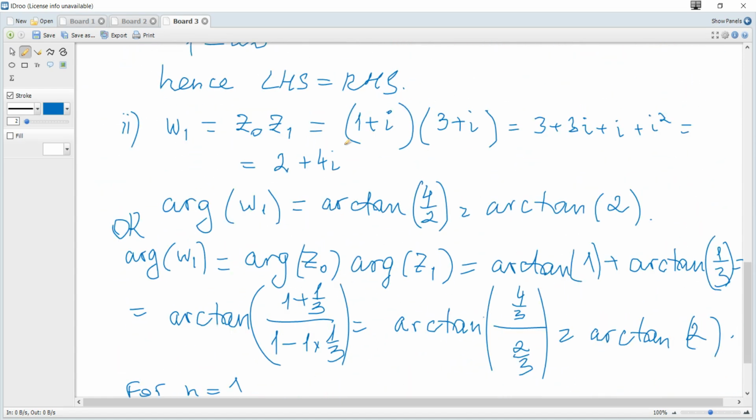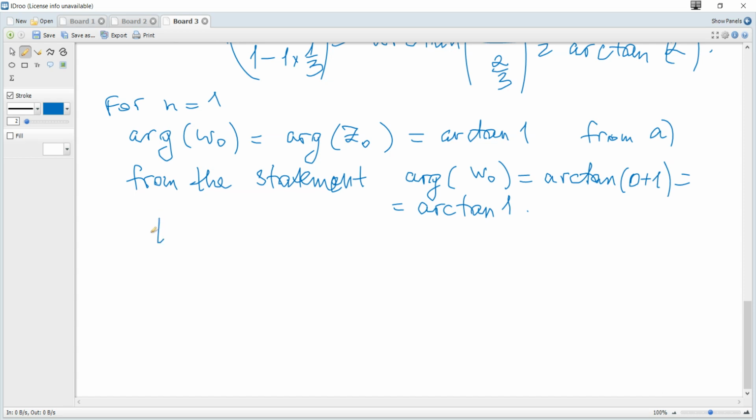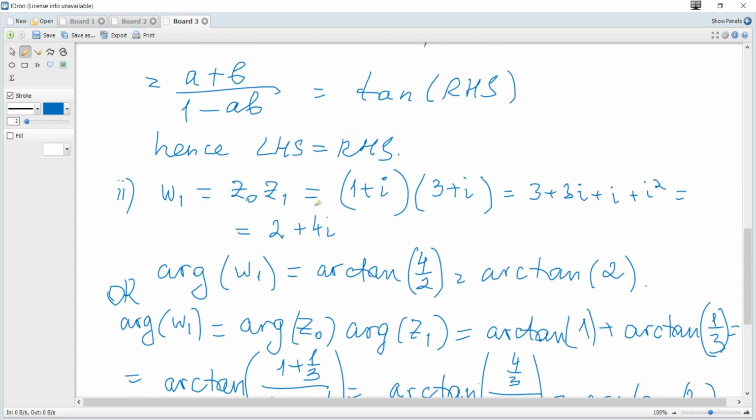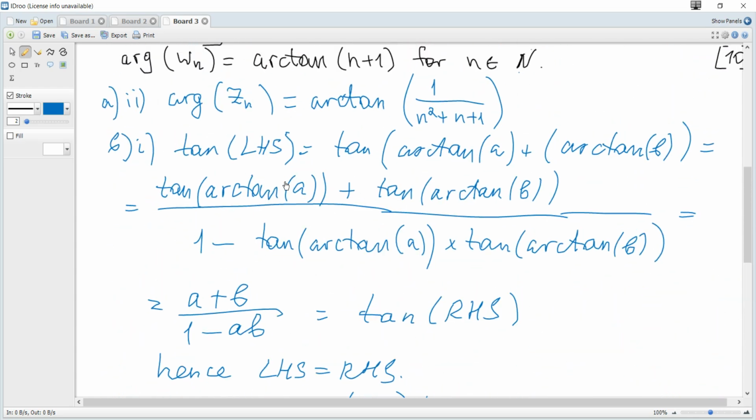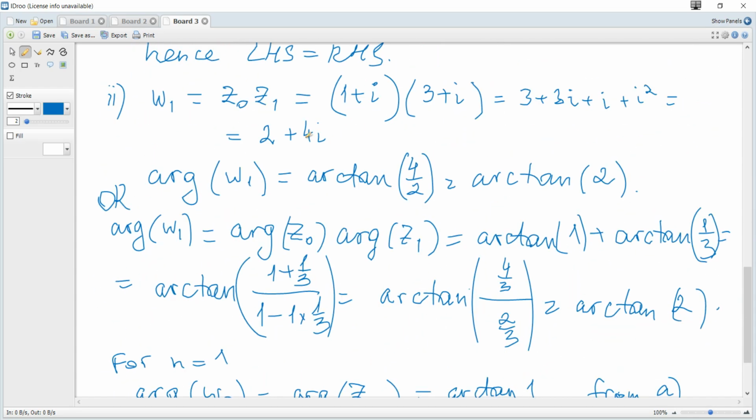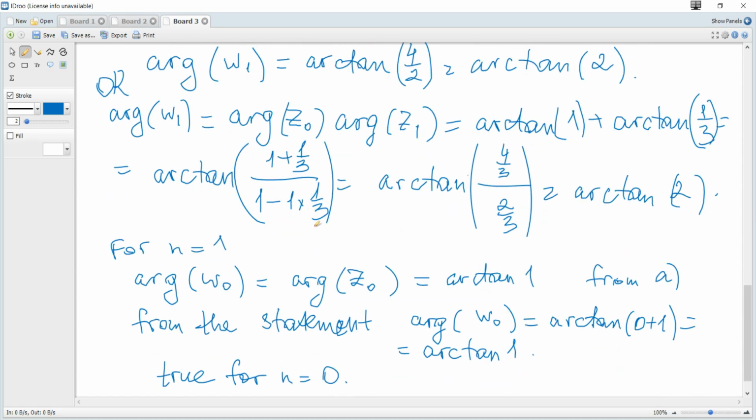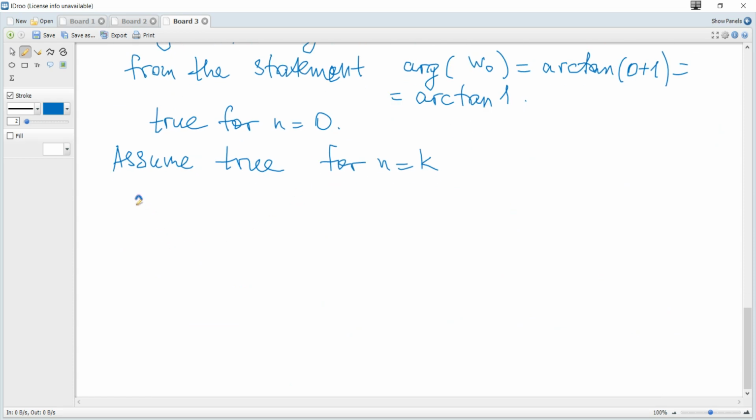Arctangent of 1, so true for n is 0. Next, we assume true for n is k, and we write the given statement, which is argument of wn.